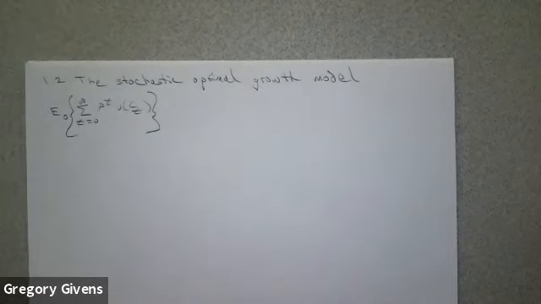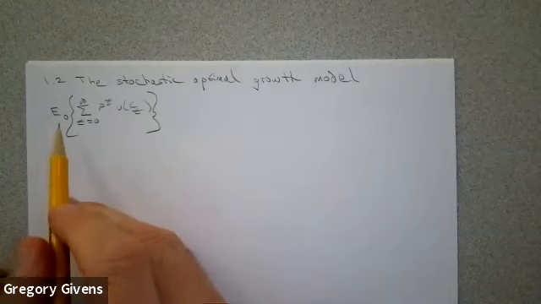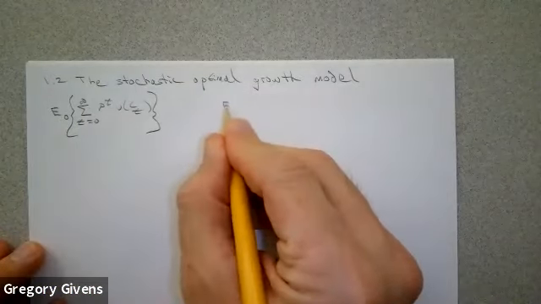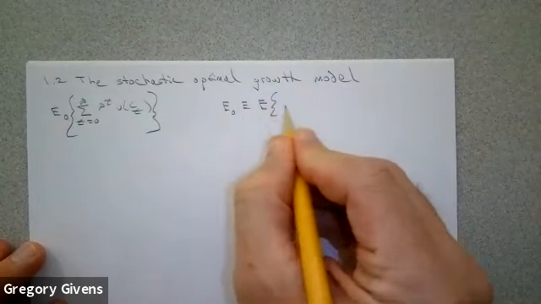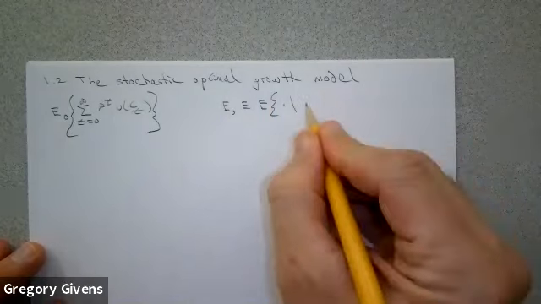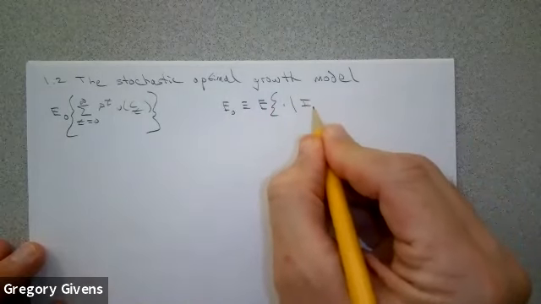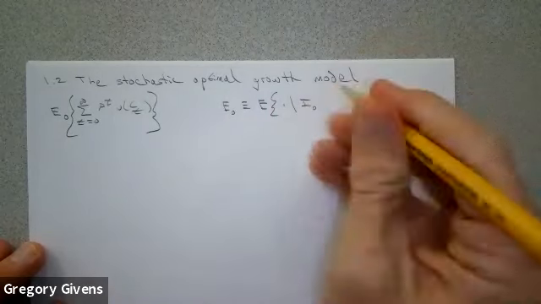Okay. What does the little 0 mean in the subscript? This denotes that it's a conditional expectations operator. So E sub 0 is basically the expectation of some object conditional on information at date 0.